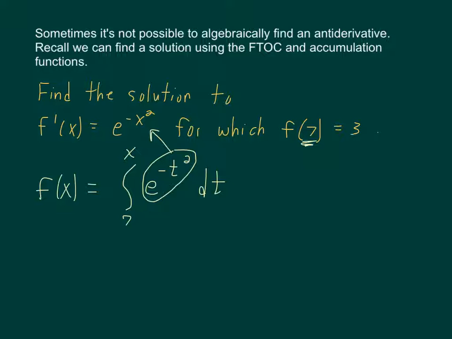And so that would give us the integral from 7 to 7, well, that's going to give us 0, right? The area there would be 0. And then we know the y value is 3, so I would have to tack on a 3 here. So if I were to check this by doing f of 7 would give me 3, because again, this integral piece here would just be 0.